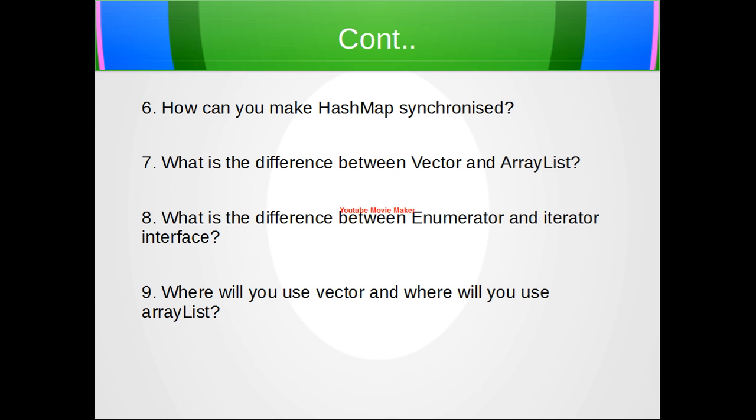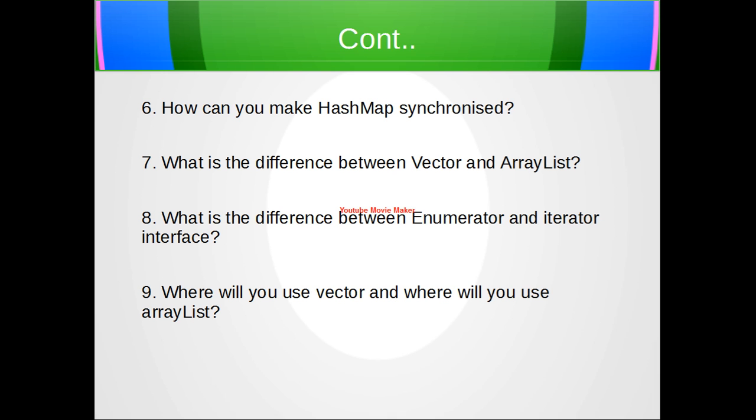Some of these are: Vector is a legacy class which has been retrofitted to implement the List interface since Java 2, or Java 1.2. Vector is synchronized whereas ArrayList is not synchronized. Even though Vector is synchronized, still when you want programs to run in a multi-threading environment, using ArrayList with Collections.synchronizedList is recommended over using a Vector.